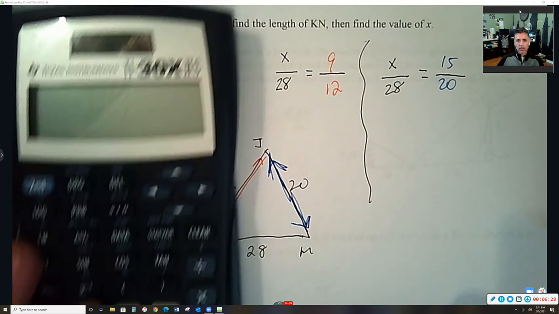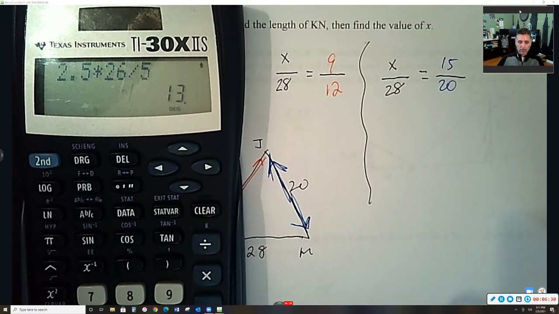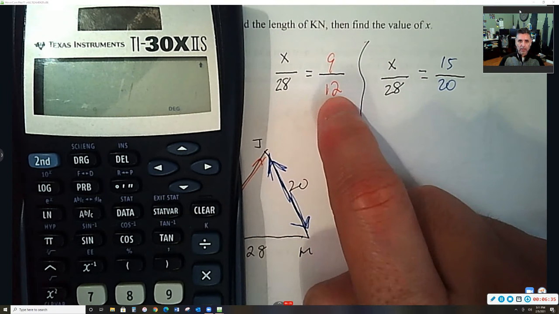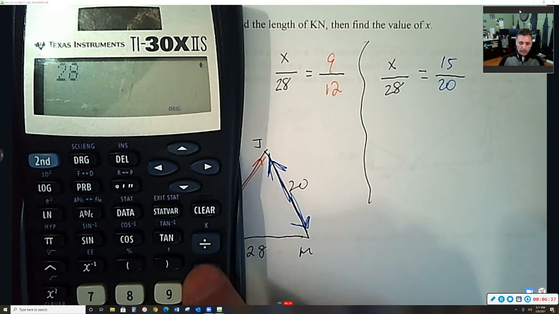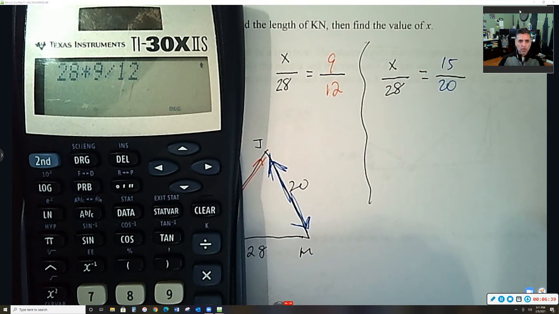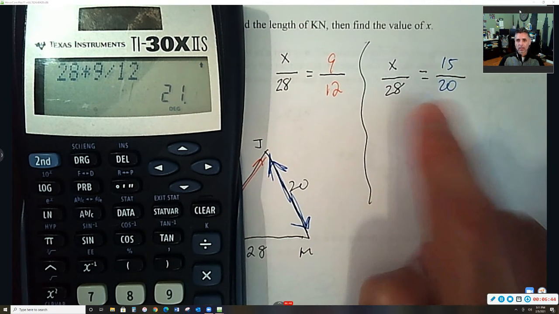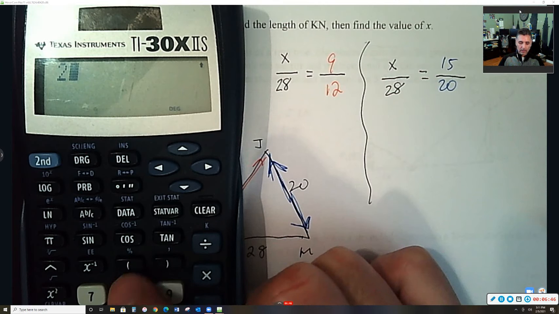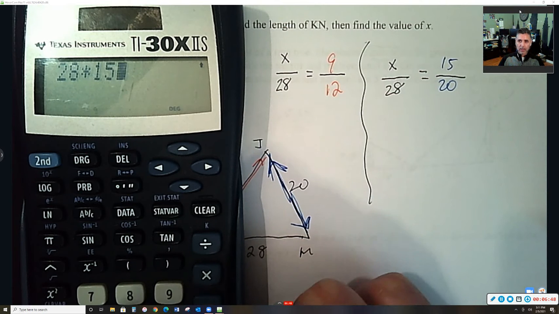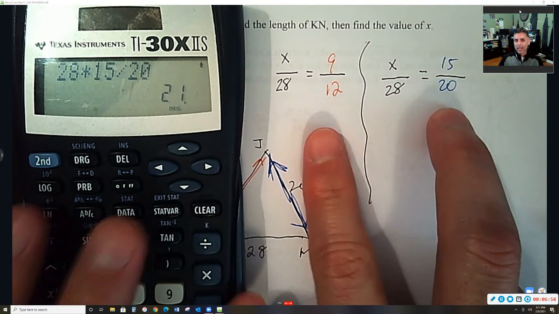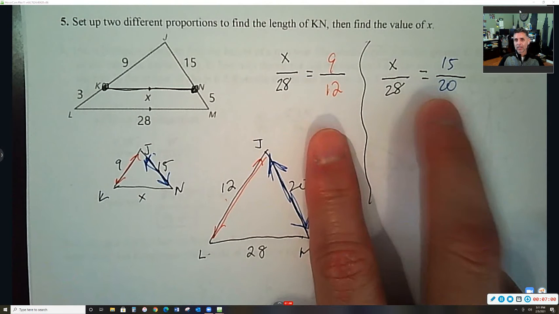Now watch, I'll show you it gives you the same thing. Here we would put 28 times 9 divided by 12, which is 21. Let's do it over here: 28 times 15 divided by 20, which is 21. Same thing. Because it's the same answer, I know I can use either one of these to find x.